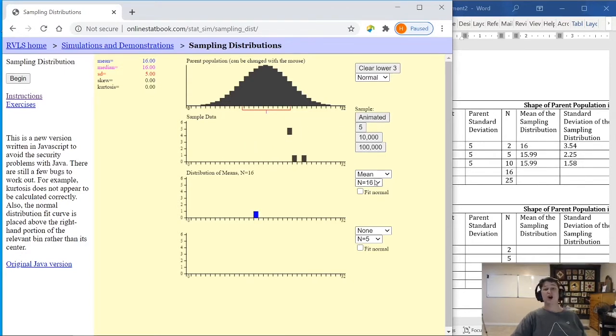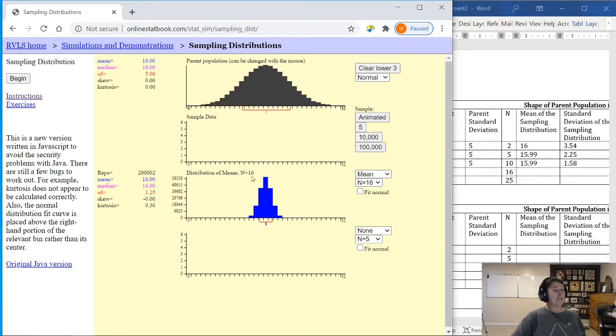I'm going to do that over and over and over again so that I create a whole new sampling distribution of means. Let's do it 100,000 times, maybe even 200,000 times.